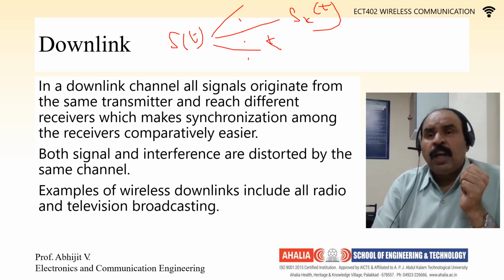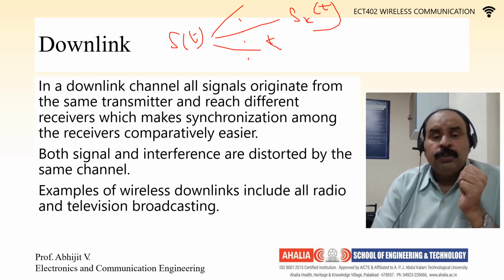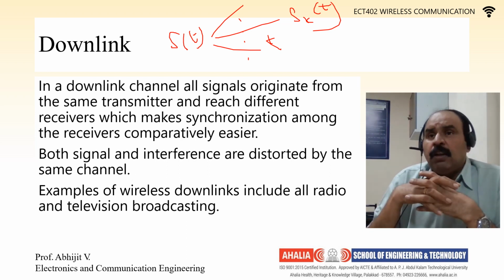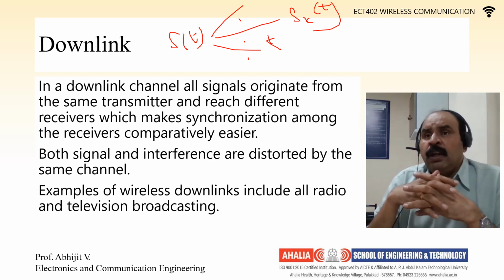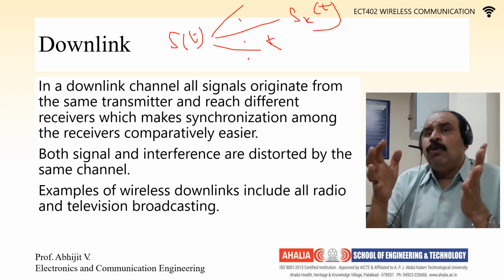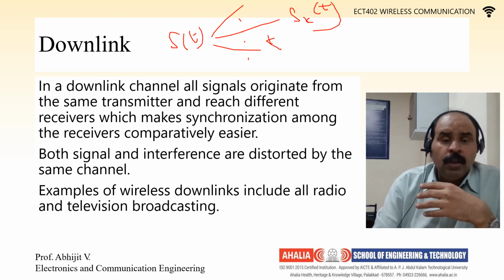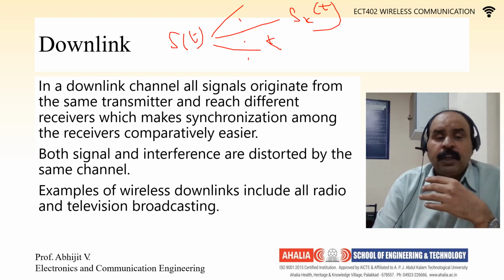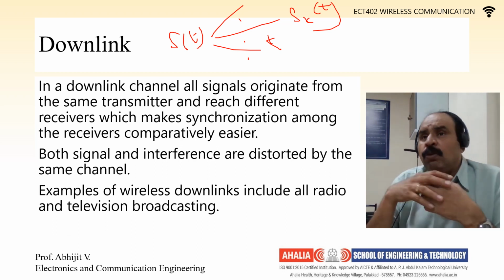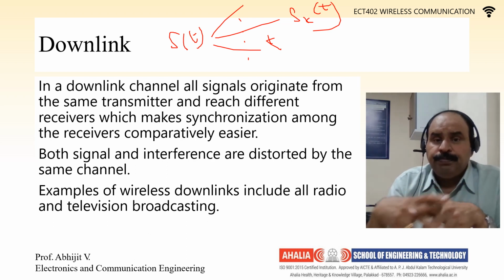This helps us in synchronization because it happens from one end. So synchronization is comparatively easier than in the uplink channel. When you compare uplink and downlink, it is easier to synchronize a downlink channel because the energy is known, the signal is known, and it is divided among an equal number of users. So both the signal and interference are distorted by the same channel. For downlink channel, we have examples like radio and television broadcasting.